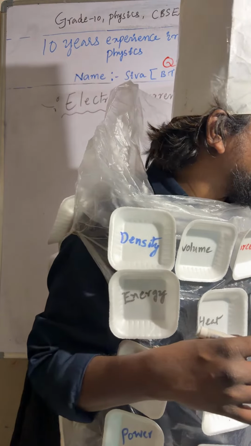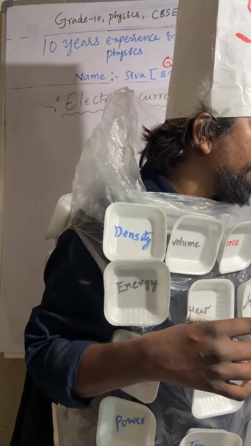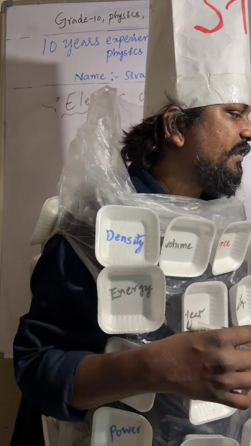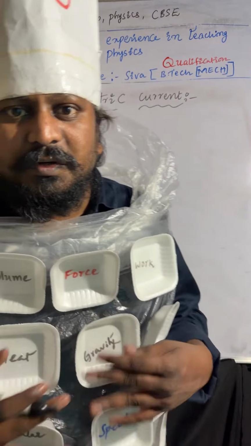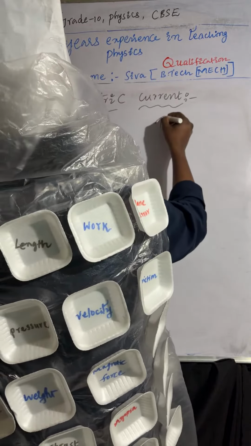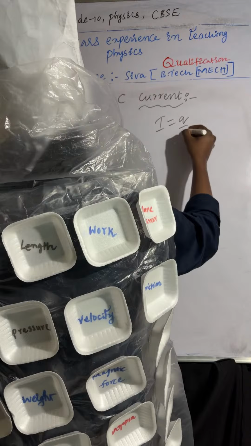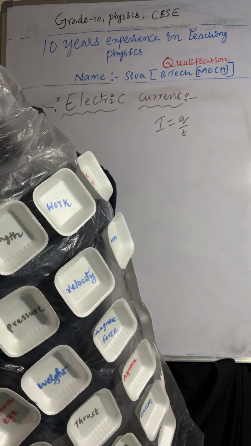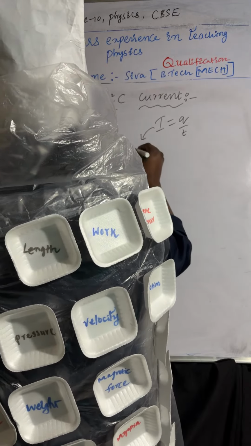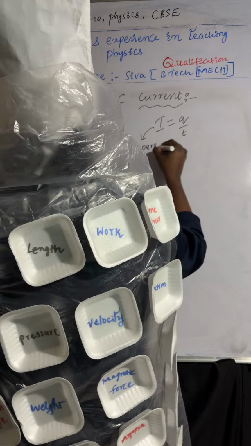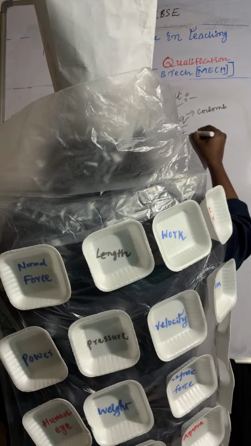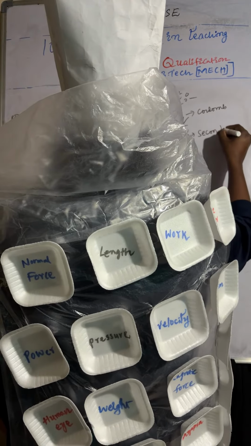One ampere is defined as one coulomb of charge flowing through a unit cross section area per second, and that is called electric current. So I equals Q by T. The SI unit of electric current is ampere, of charge is coulomb, and of time is second.